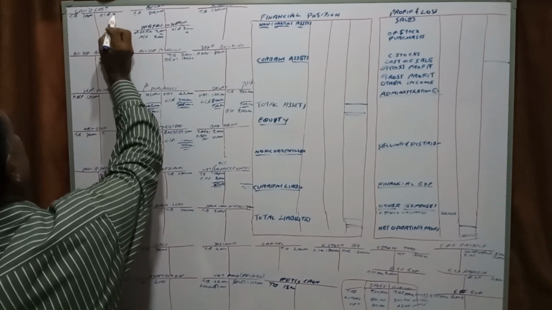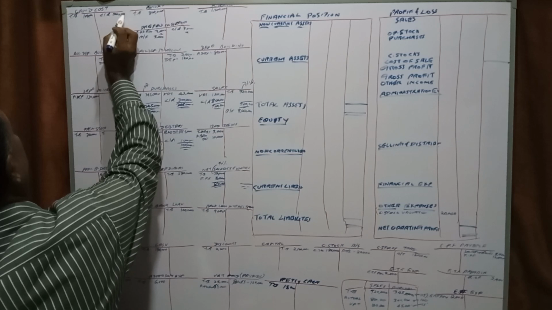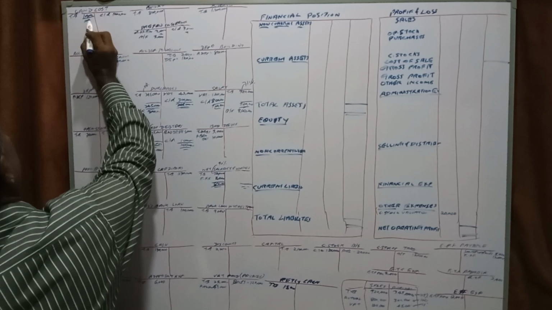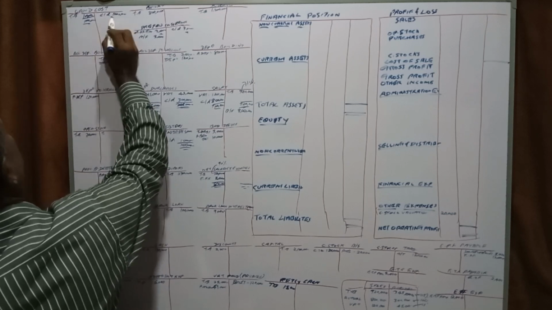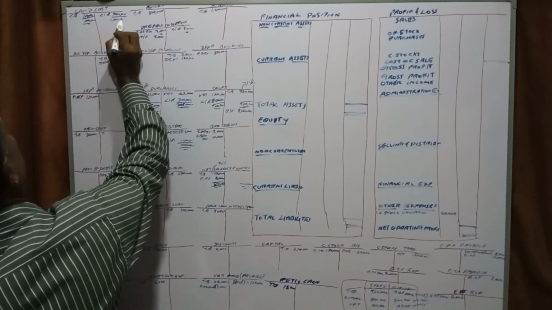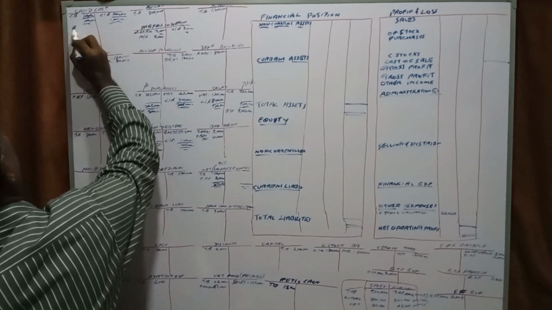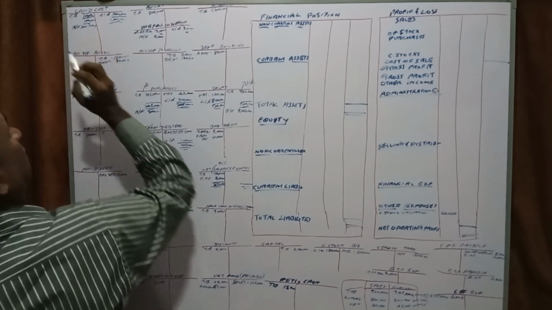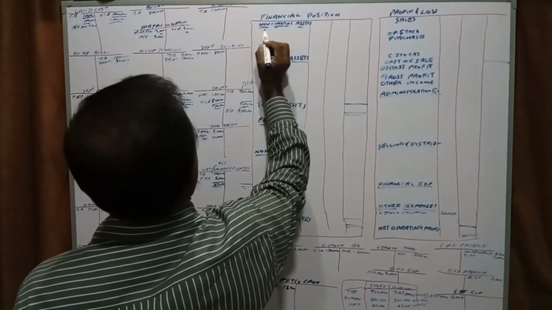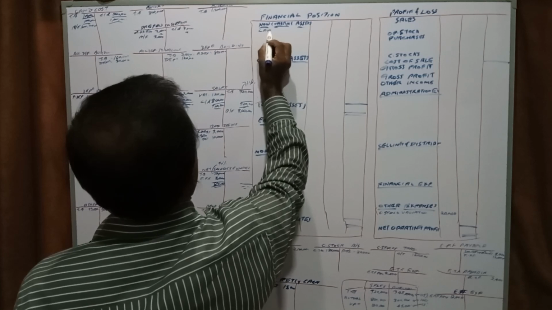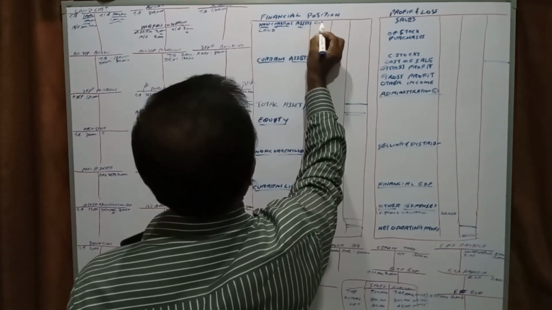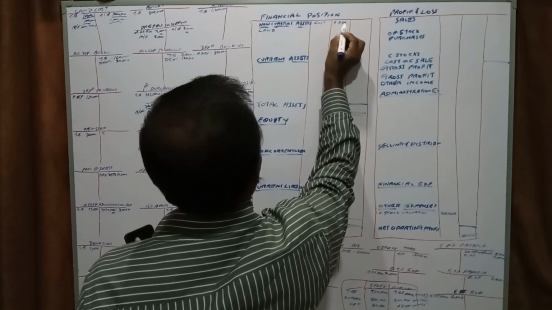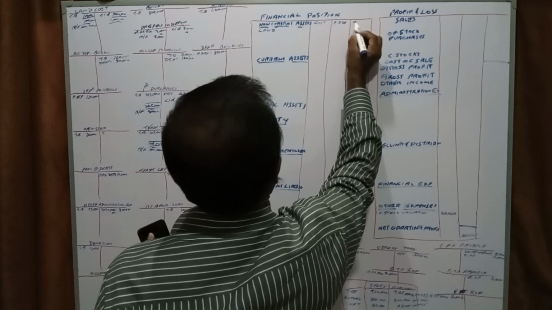Carried down, brought forward 1,000,000. Here you will say land, cost, accumulated depreciation, net value.